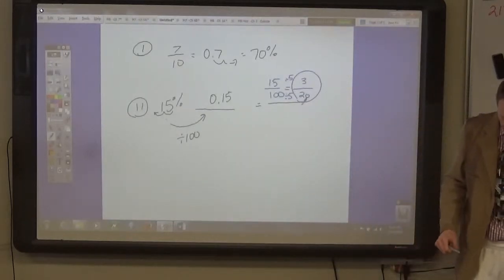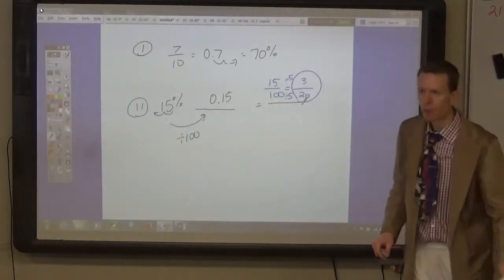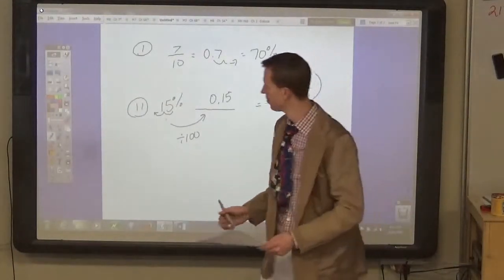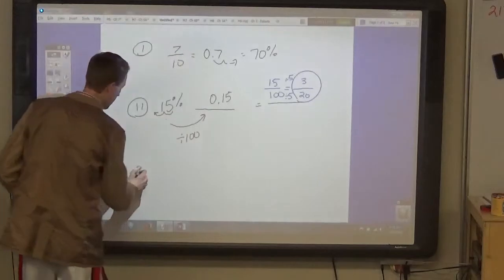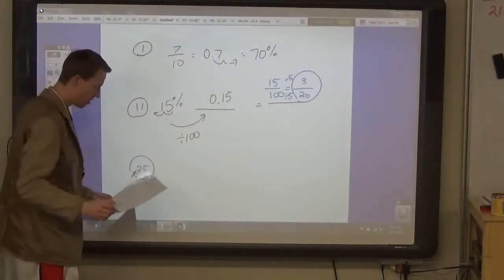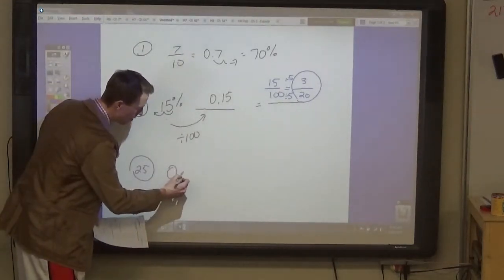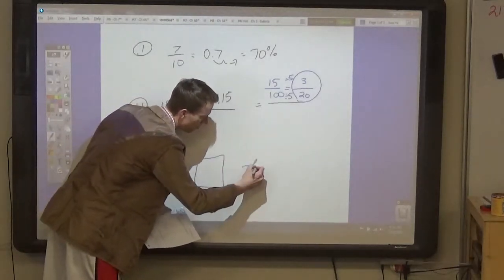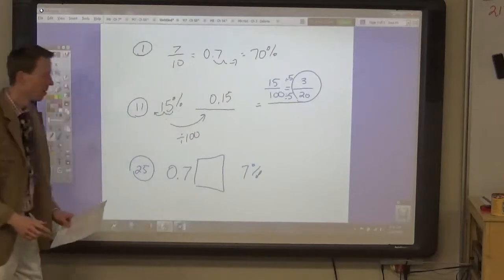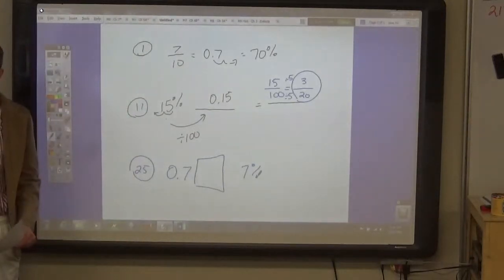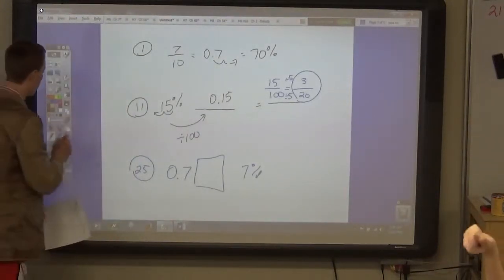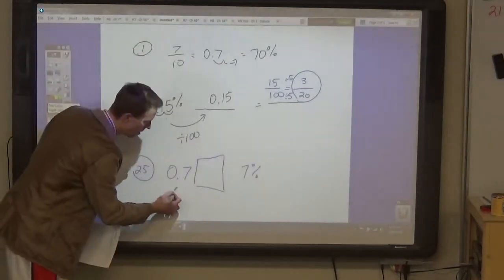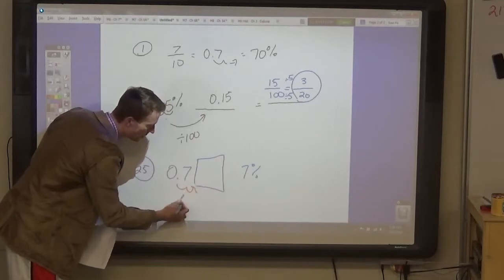All right. Number 25 on the back side. Look at number 25 on the back side. How would you compare these? You have to put them in the same form, right?